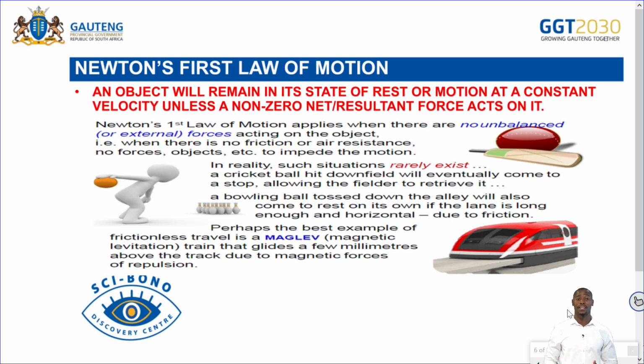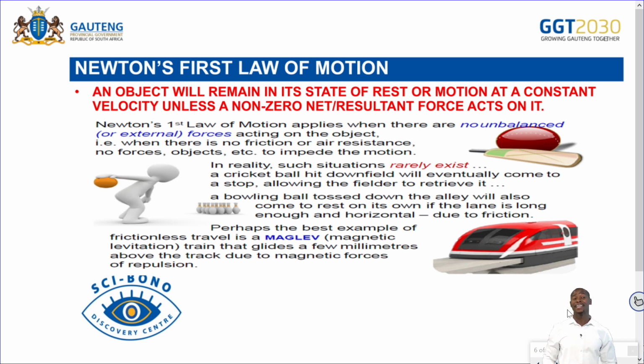If an object is moving at a constant velocity, it will continue moving at a constant velocity. But when is that going to change? If now an object experiences a non-zero net force, then it's when the object will change its state of motion. So that is your Newton's first law.